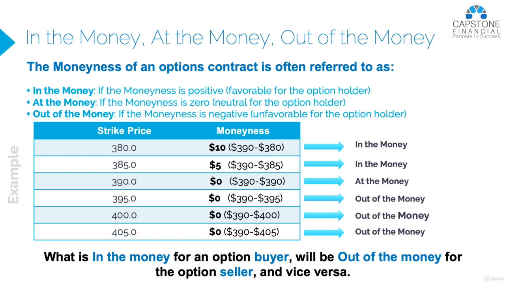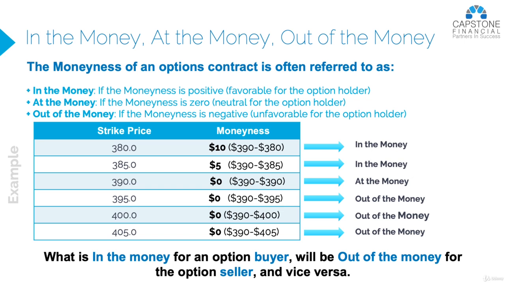What is in the money for an option buyer will be out of the money for the option seller, and vice versa. This is important because when you are buying an option, you are purchasing it for the premium. You pay for the call or you pay for the put, and depending on the direction you believe the stock is going to go, that is going to cause the value of the option to go up.